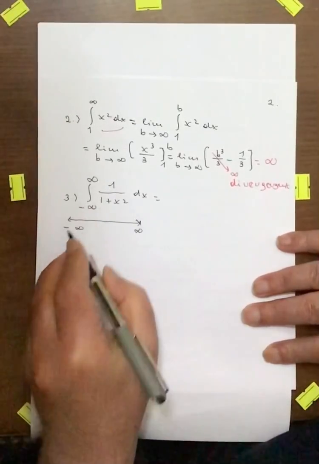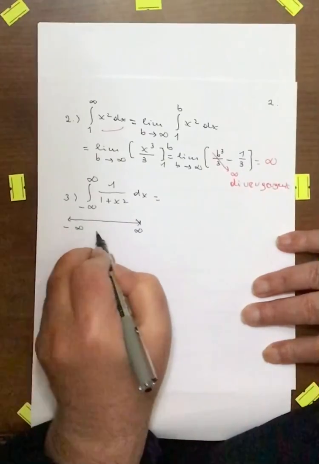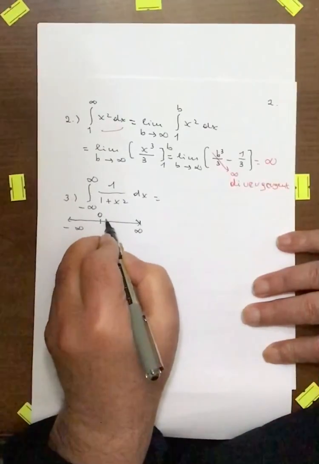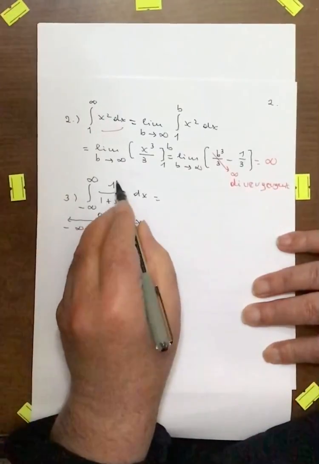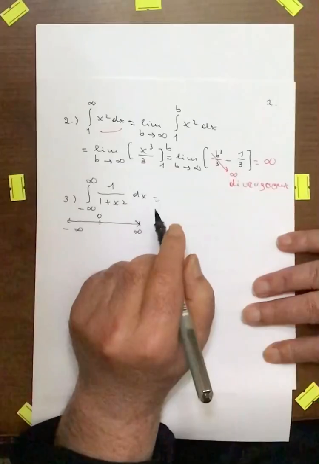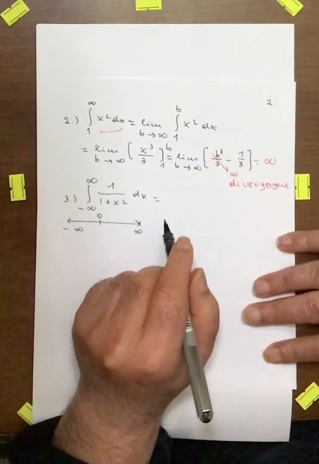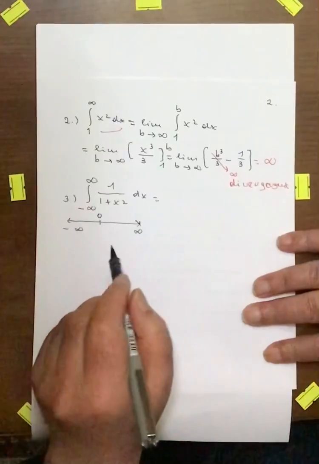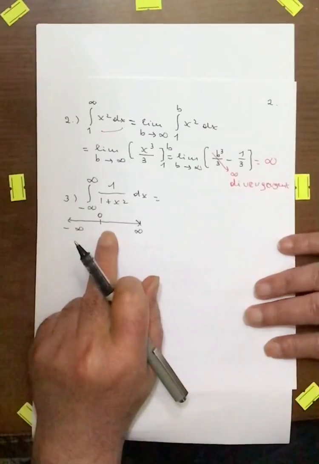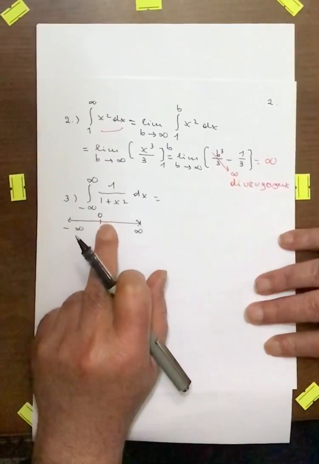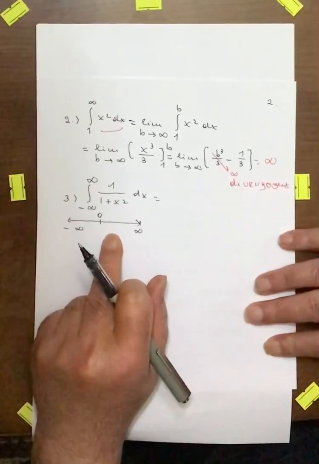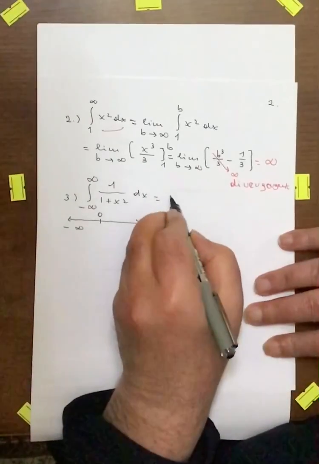We need a point in between. Let's put here 0. I am taking 0 because the integral of this integrand is arc tangent x, and so we need a known value, first one 0 or 60 or 45 or 30 degrees. Now I am taking 0 degree.